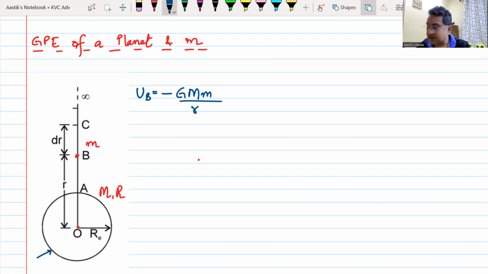Where r is the distance from the center of the planet. When this body is placed at point A on the surface of the planet, the energy becomes minus GMm by capital R, where capital R is the radius of the planet. Are we able to understand this? When this object is placed at infinity, the mutual gravitational potential energy becomes zero.